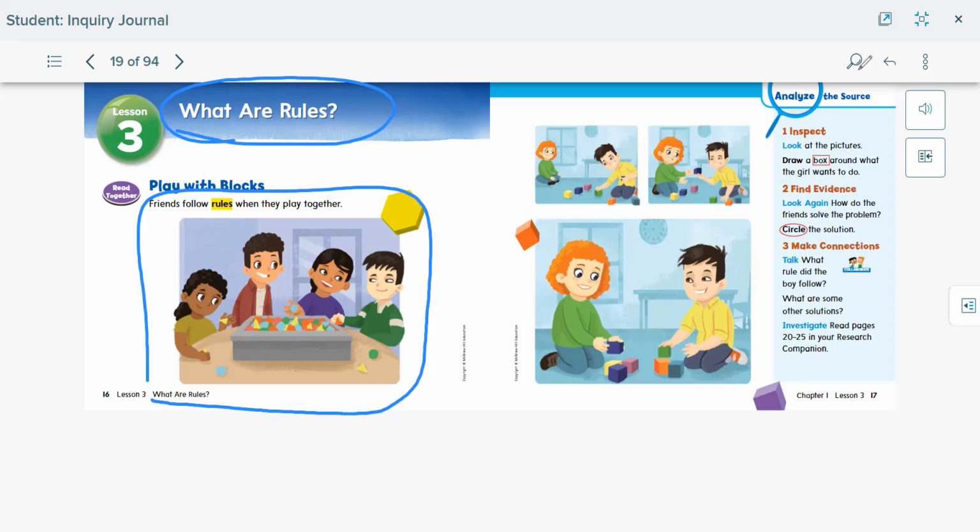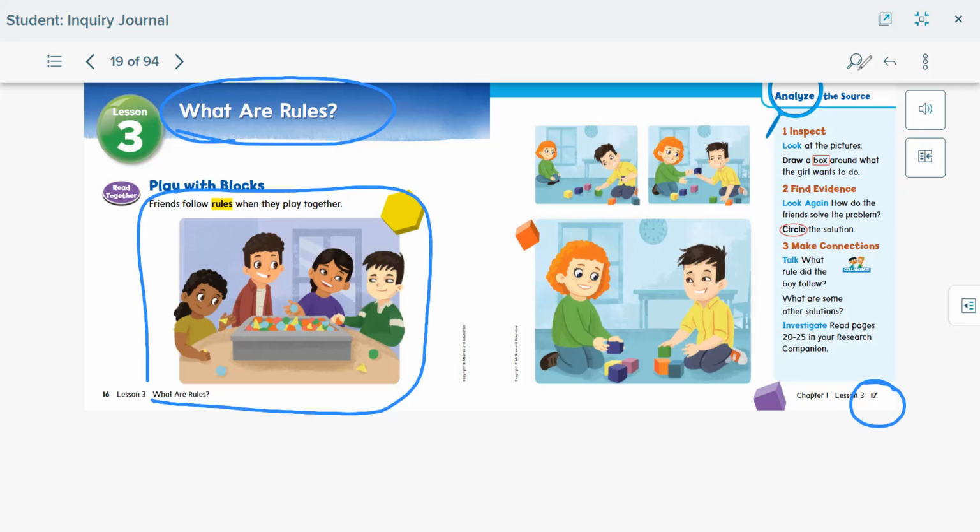Let's look over here on page 17. Now look at all of the pictures. I want you to draw a box around what the girl wants to do. So look at each of the pictures and draw a box around what the girl wants to do.